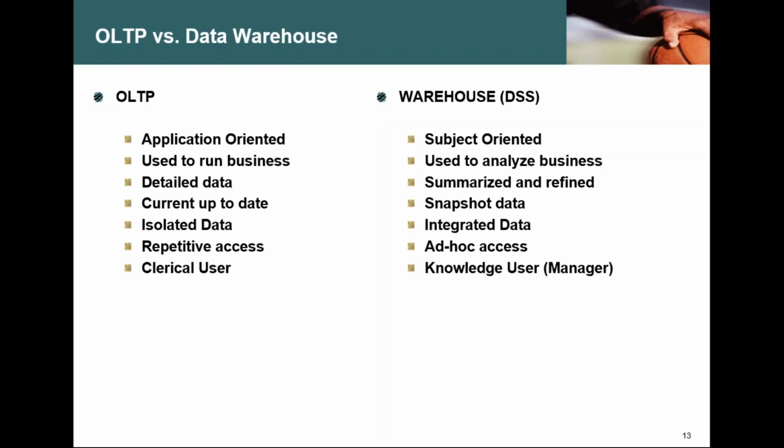When you go to Walmart to perform billing, you need an OLTP system. But a warehouse, use it to analyze the business. OLTP has detailed data. You are going to have each and every piece of information in OLTP, like product, product ID, at what time you purchased, what is the return policy on this product, what are the manufacturing policies on this product, what is the amount, what is the date, who purchased, what card he used.